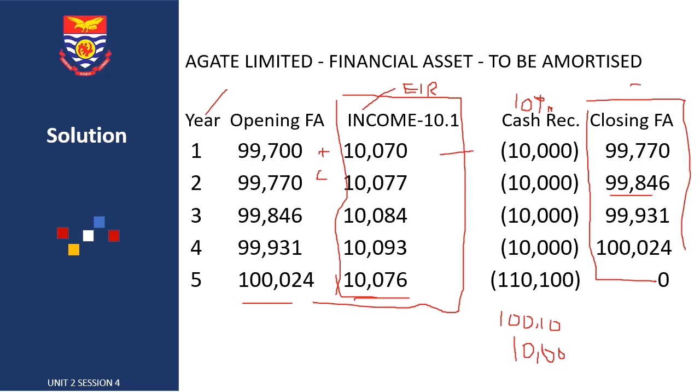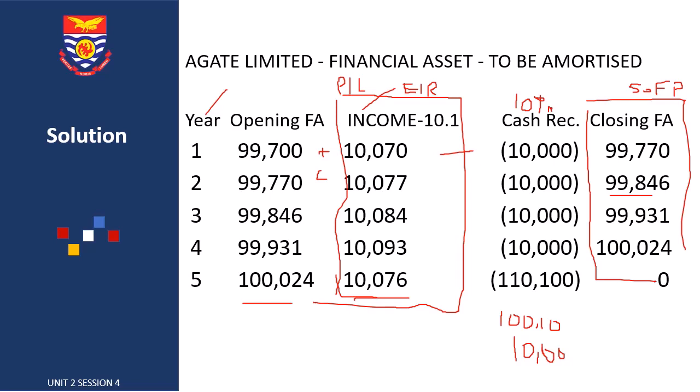The statement of financial position, which we call the balance sheet. Then the interest will go to profit or loss account. So it will go to P or L account. So every year you pick the corresponding figure.